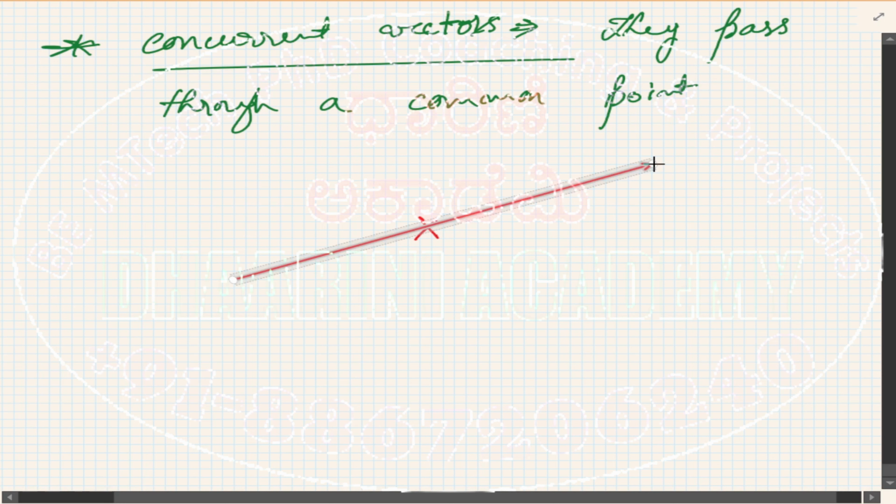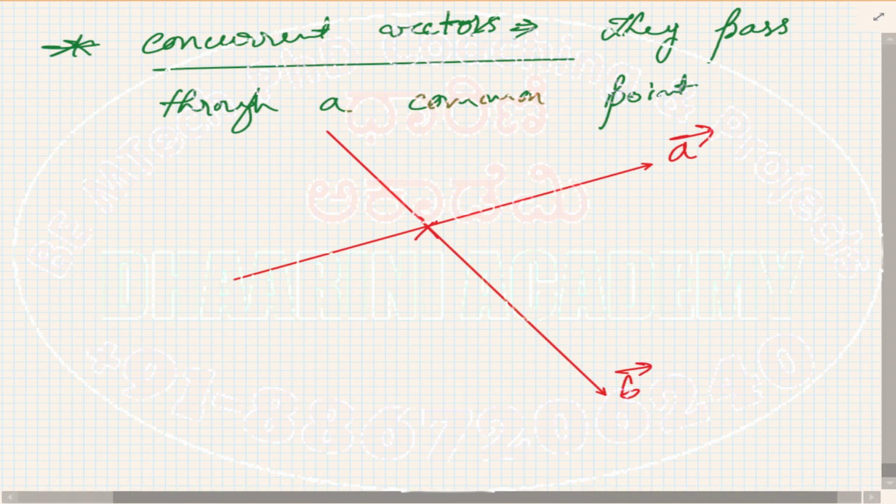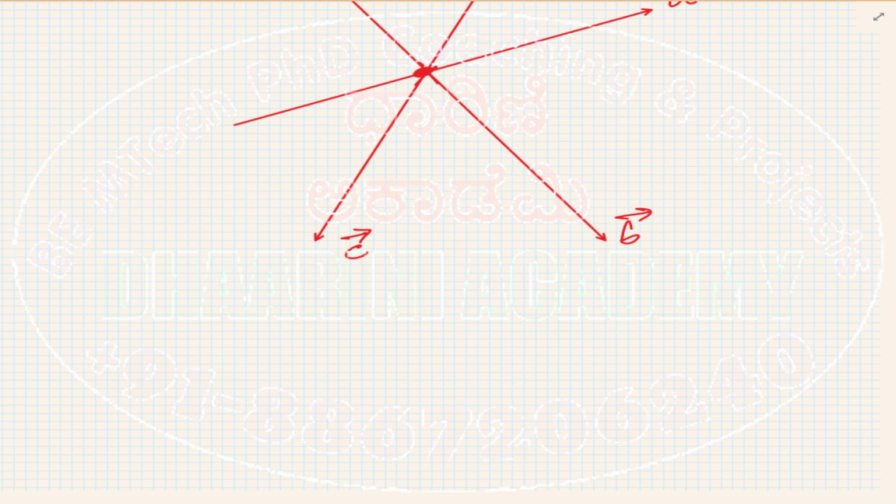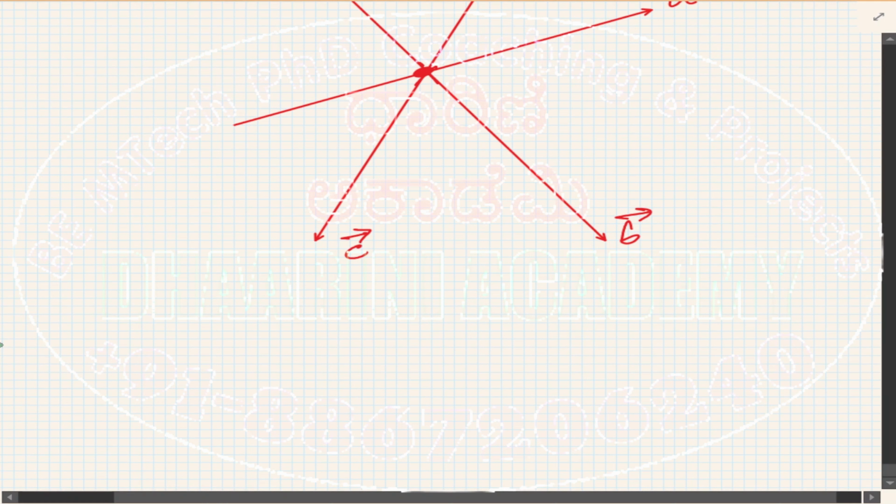For example, this is one vector, right? Then I have another vector. Say this is vector A, this is vector B. Let me write a third vector, vector C. You see that every vector passes through a common point, so all these three vectors are called concurrent vectors. Okay, fine. And then we have one more category of vectors. We call them orthogonal.